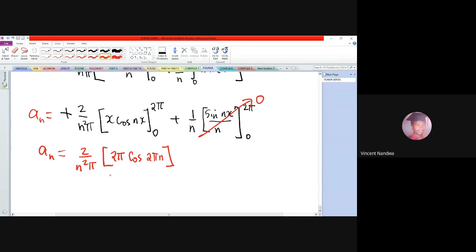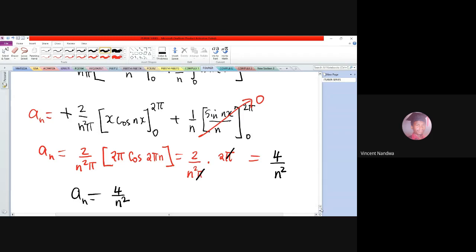So this is the same thing as 2 over n squared pi times 2 pi. So pi and pi cancel out, and we have 4 over n squared. So this is our an. So an is given by 4 over n squared.